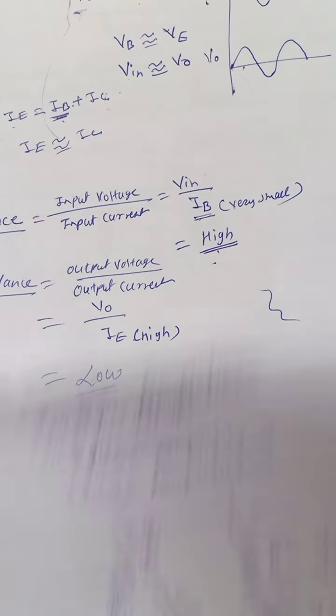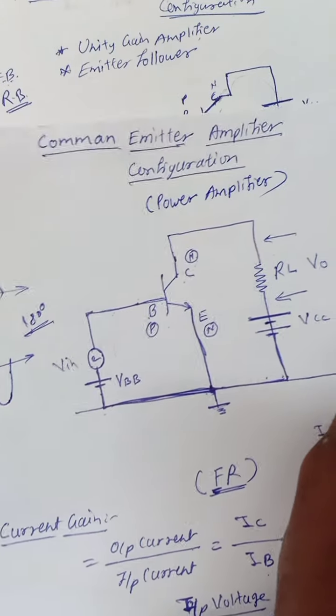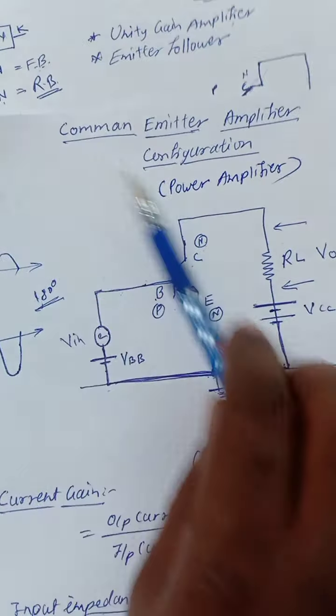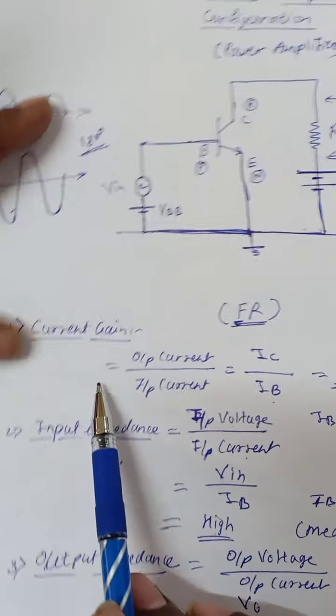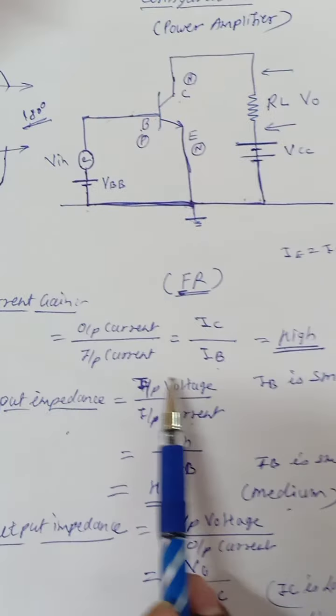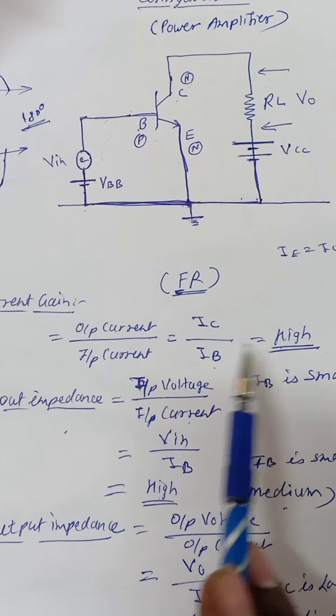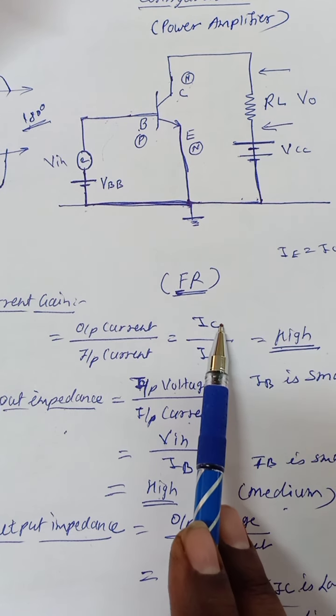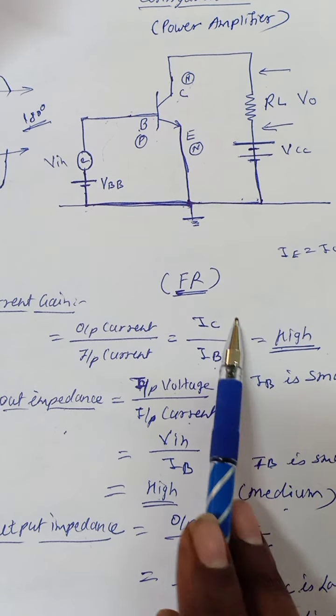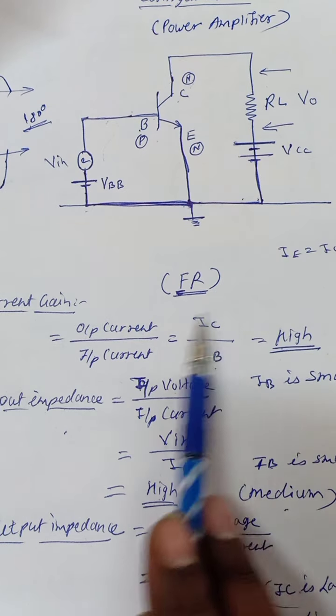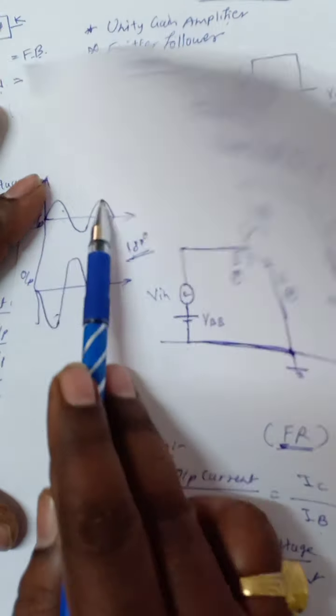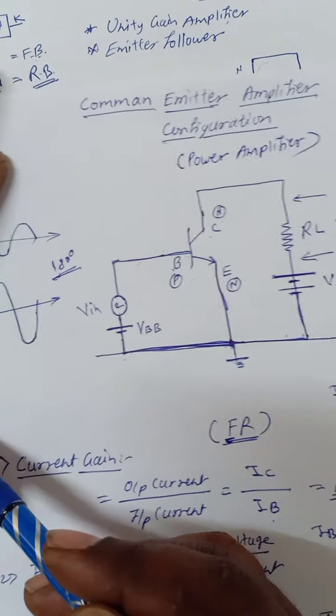And in this third one we get current as well as voltage amplification. We get current increased, see IB is less than IC, so the current is increased, so this factor is high, and we also get voltage amplification.